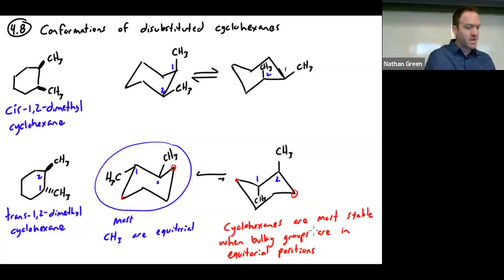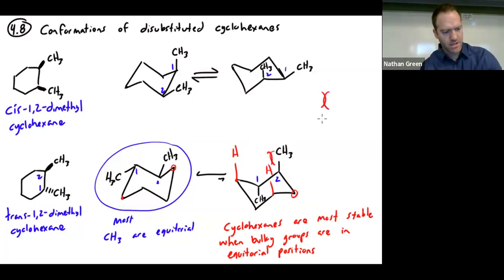Why? Because putting them in axial positions makes them run into everything else. So this methyl group runs into, maybe don't draw this on your structure because it's about to make it really messy in here. 1, 2, 3, 1, 2, 3. This methyl group runs into that hydrogen.